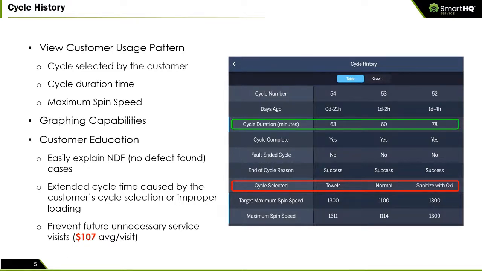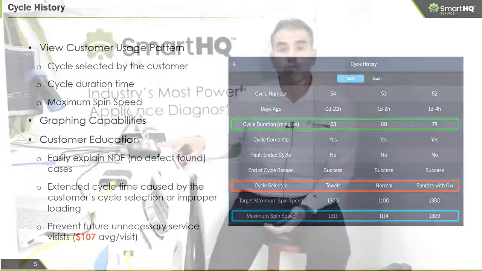The other parameter you can capture is the maximum spin speed reached, all right? And this is huge, my friends, because as we saw earlier, the target speed is where we need to get to, right? And the maximum is where it actually got to.